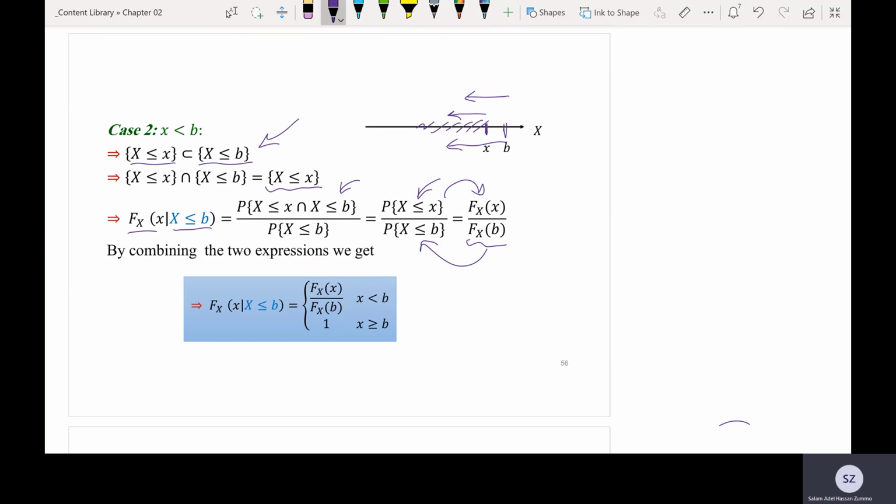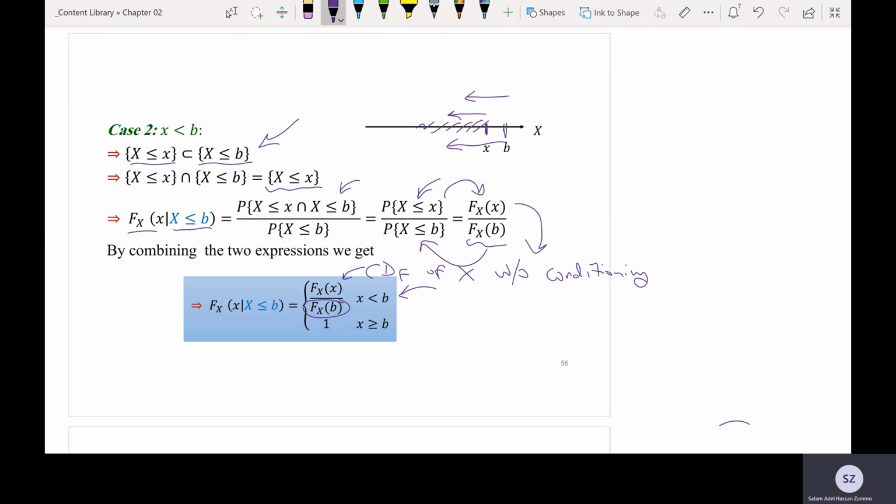So now, combining these two, depending on the value of x compared to b: if x is less than b, we end up with this situation, and we have the answer as F_X(x), the original CDF without conditioning, divided by the probability that X is less than or equal to b.